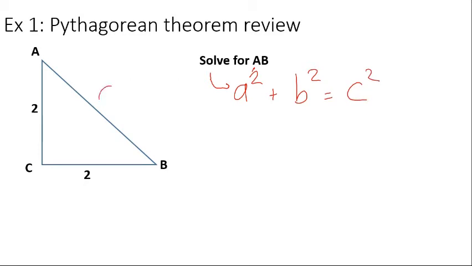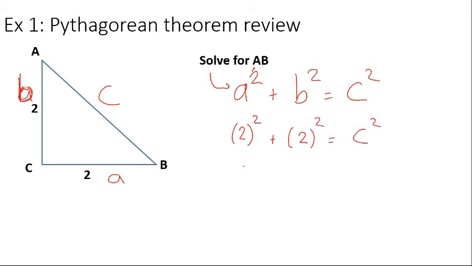And remember, this is your C, this is A, and actually this would be B, and this would be A. Okay, so for A, you know that's going to be 2 squared. A, again, is 2 squared equals C squared.